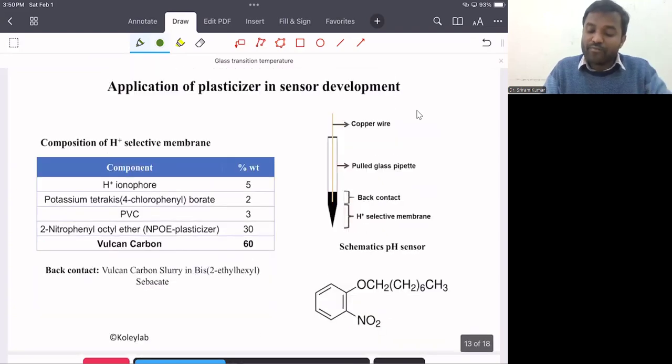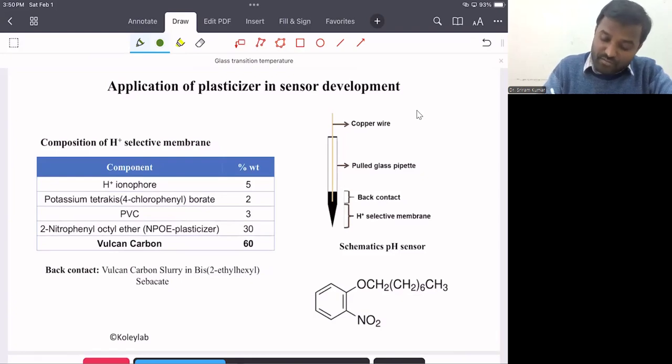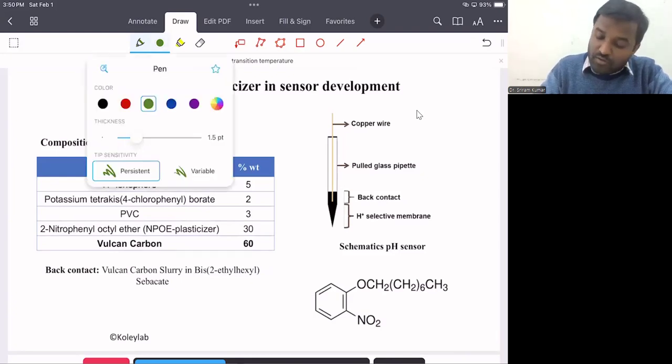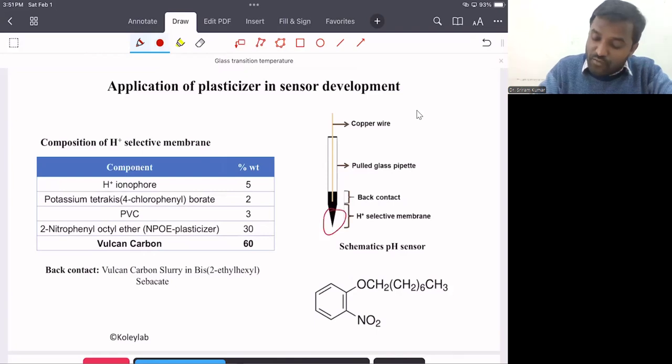Further, we also developed a PS sensor of the size of 25 micrometer. In this sensor development, we have used PVC is 3% and the plasticizer is 30%.